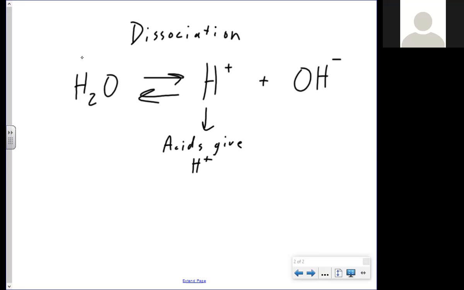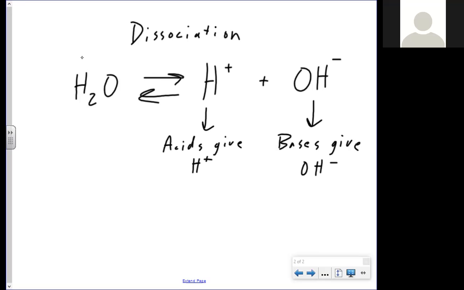Bases give you hydroxides. Okay, so when water dissociates, it gives you both. So that's why it's perfectly neutral. For every hydrogen it gives you, it's going to also give you a hydroxide. You can never have more of either of those things when you dissociate water. So water can never be an acid or ever be a base.